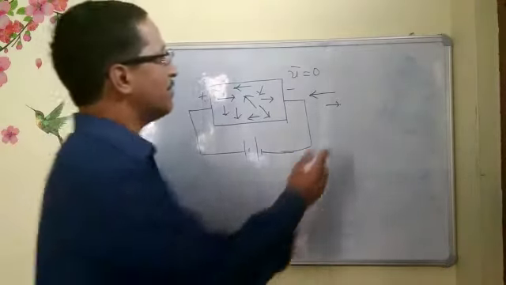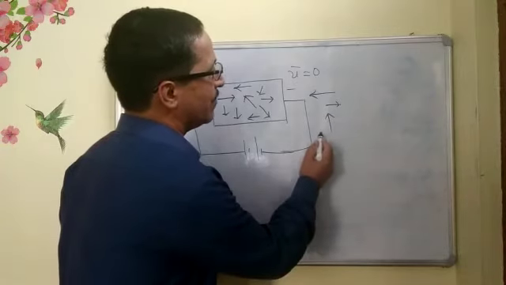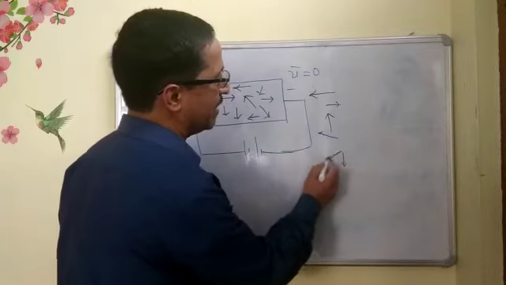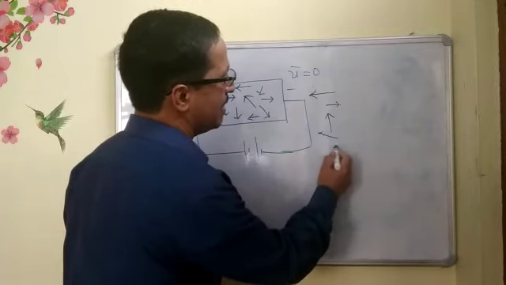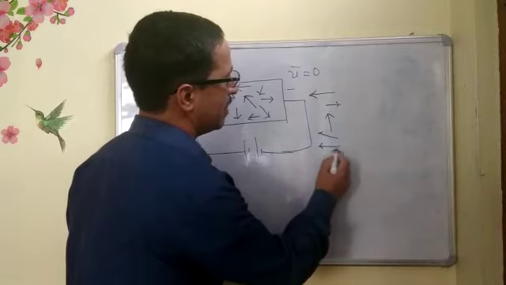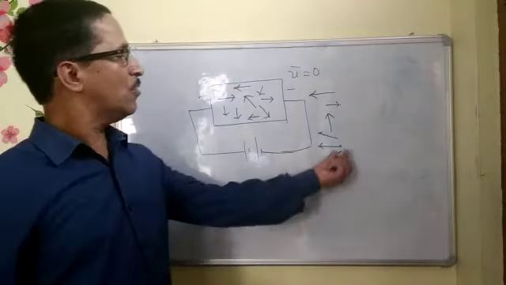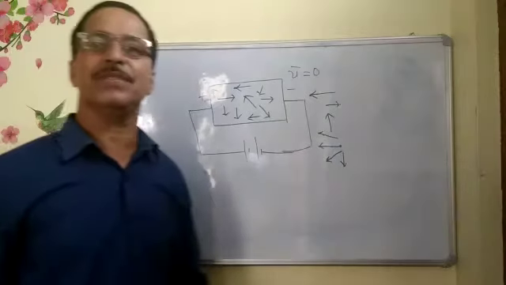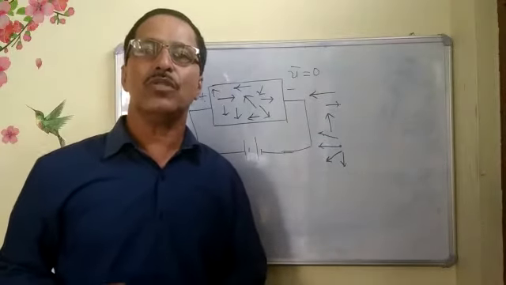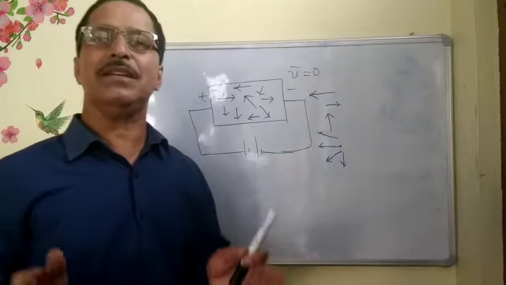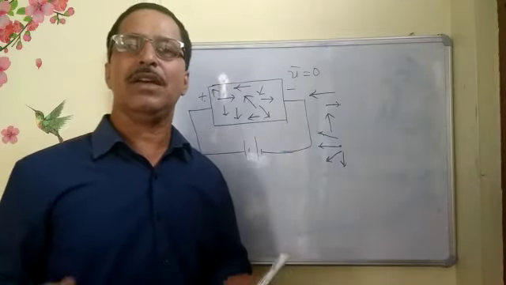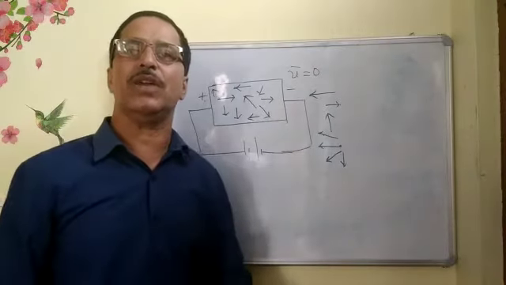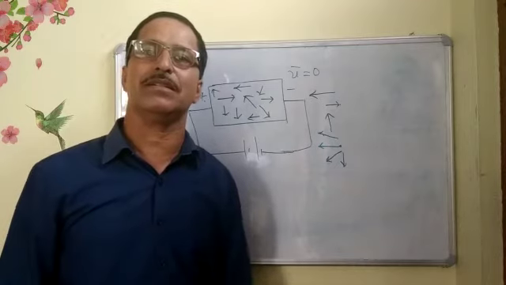Some electrons which are moving this way will be drifted like this, some which were moving this way will be drifted like this, and as a result their velocity when added will be somewhere in the direction of the positive plate of the cell. So electrons will have a definite non-zero average velocity when potential difference is established between the two ends of the given metallic conductor.